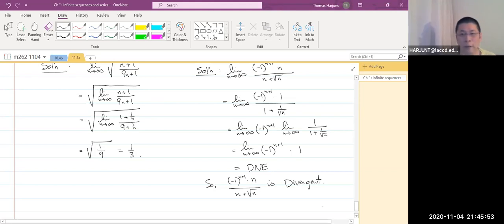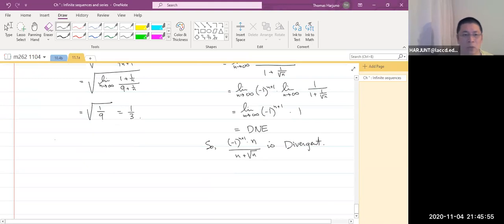Number 40. I do a lot of problems today. Number 40, the sequence tangent inverse of n over n. Does the limit exist?